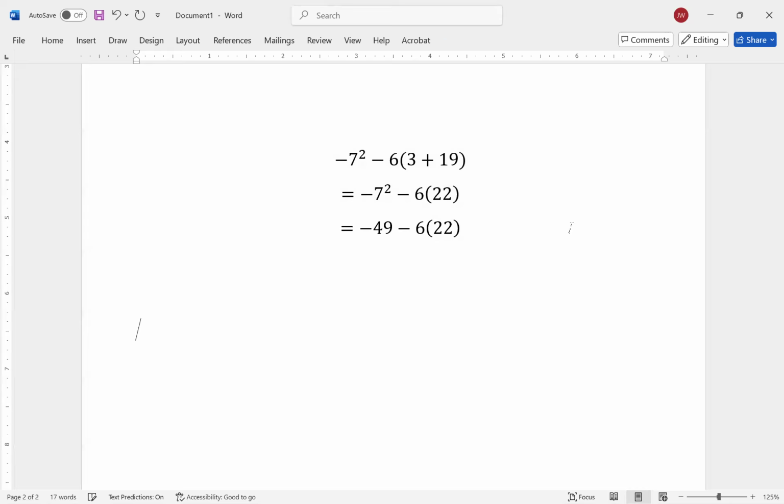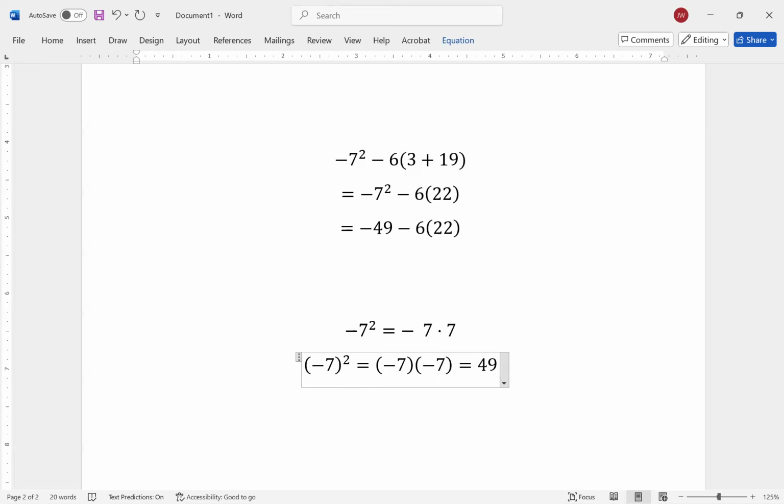Again, the reason why that is, if I had negative 7 squared, what that's telling me to do is do negative 7 times 7. If someone would have written the negative sign inside of the parentheses, that would have meant to take negative 7 and multiply it times another copy of negative 7.